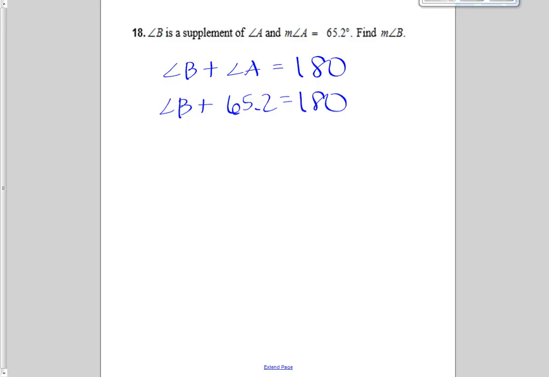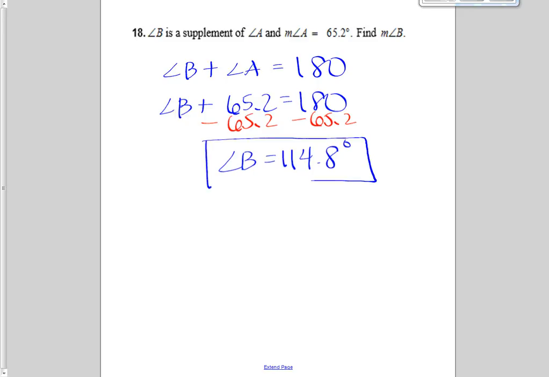So for angle B, I just subtract from both sides and get angle B is 114.8. I suggest writing this step right here. I know you all love this stuff. It makes it so easy.